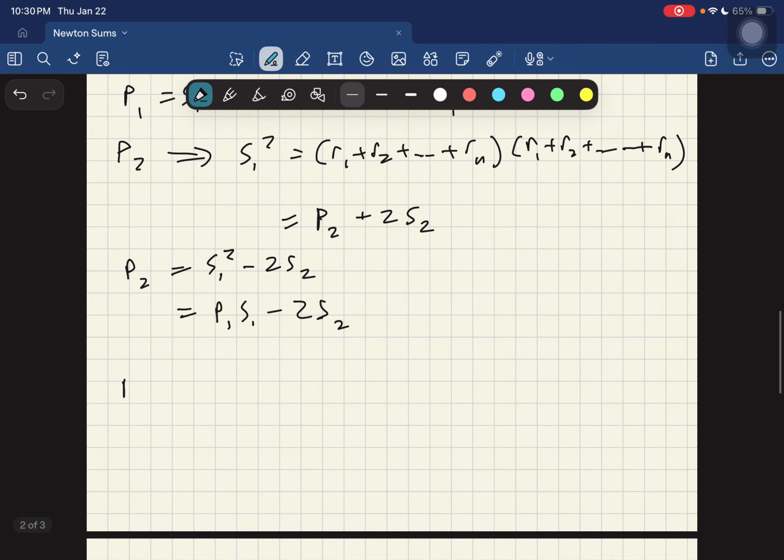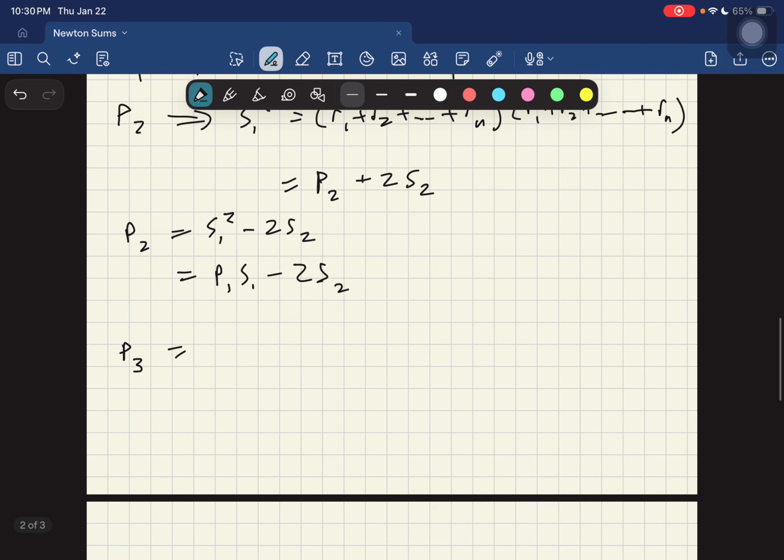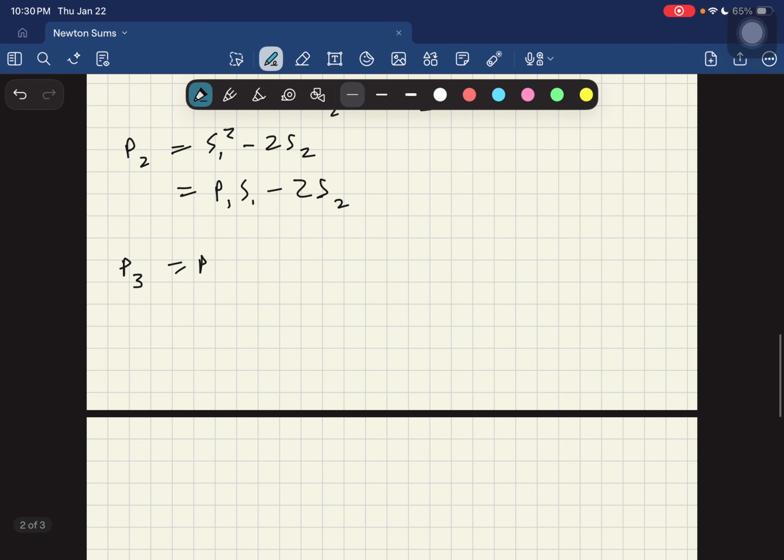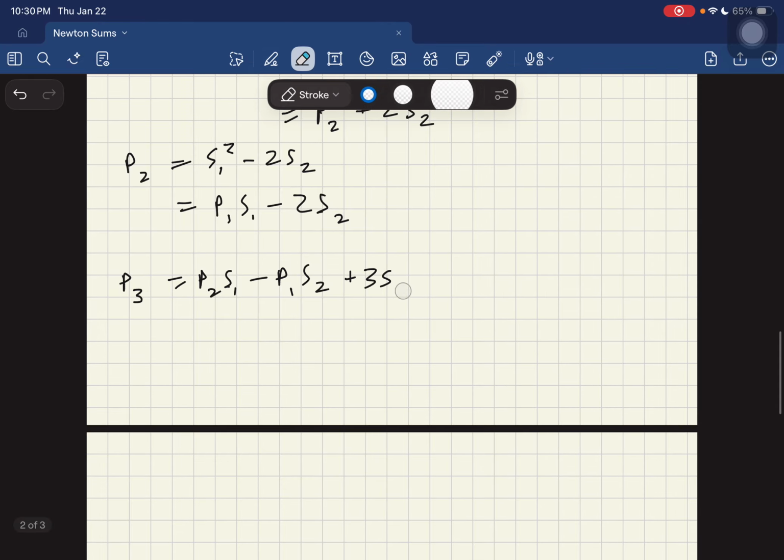So now let's go to P3. I'm just going to write out what it simplifies to, but if you want, you can double check the algebra yourselves, just so you feel more sure. So P3 is equal to P2 s1 minus P1 s2 plus 3s3. And you might be noticing a pattern here, right?